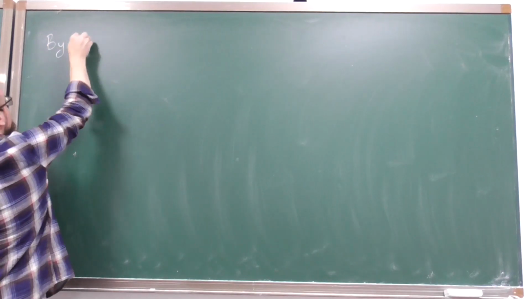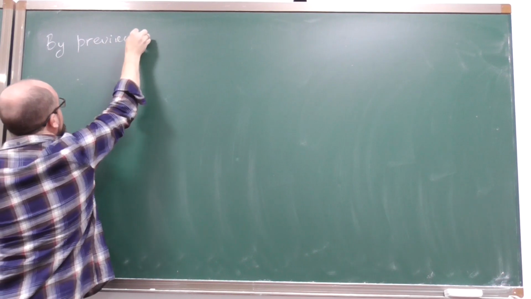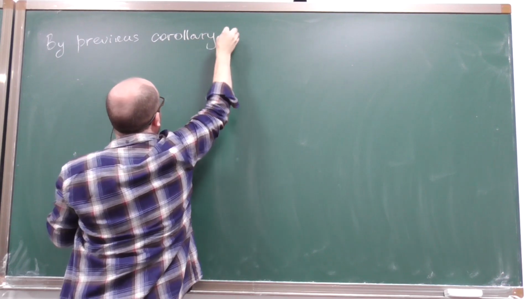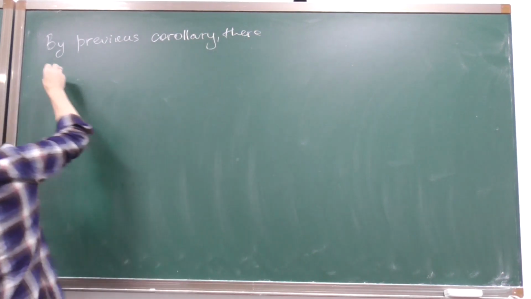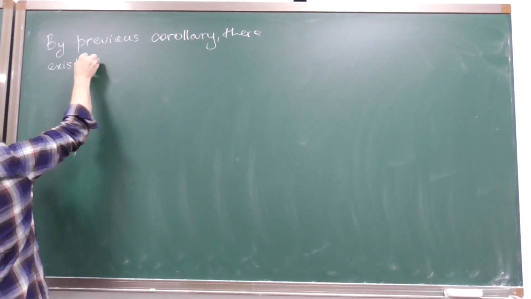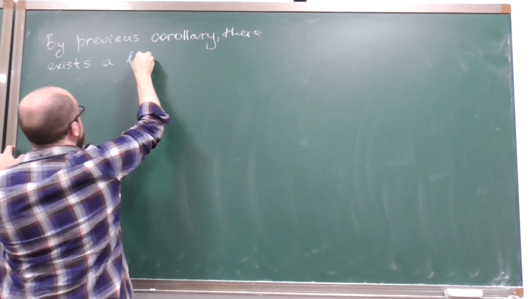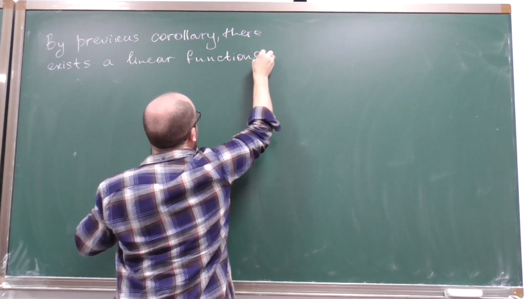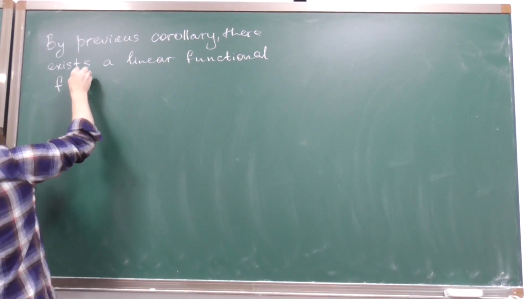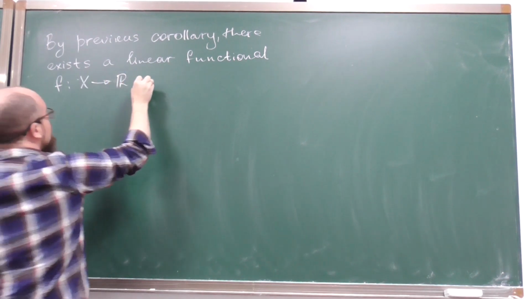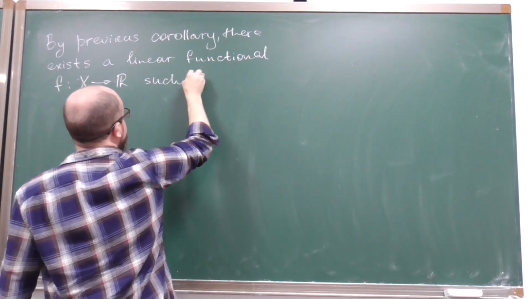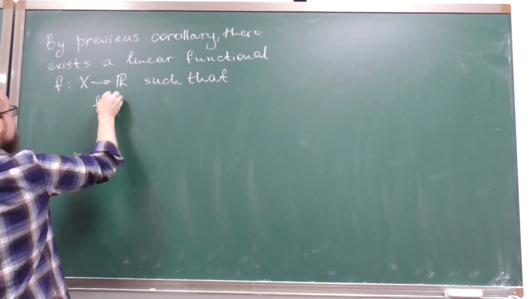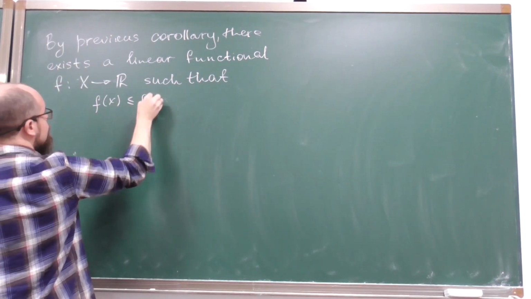By the previous corollary, there exists a linear functional f on X such that f of x is less than or equal to f of 0.